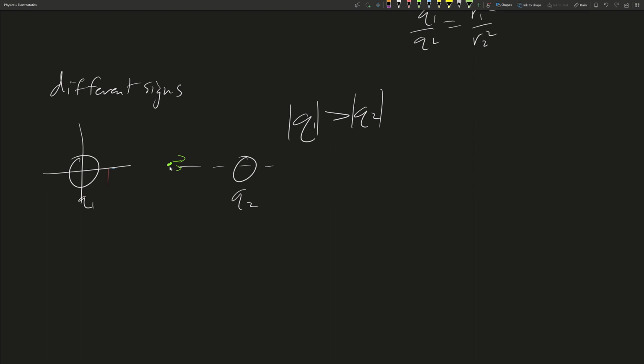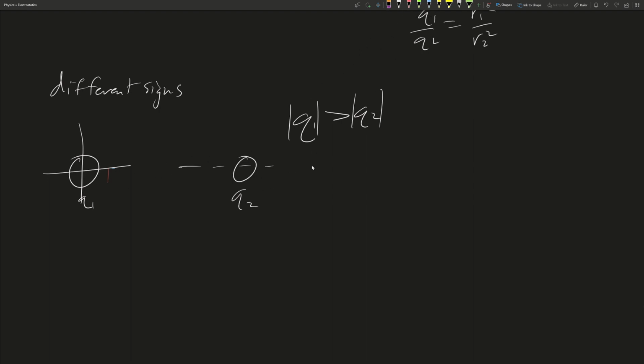That means the net force can never be 0. Let's just say this is positive and this is negative, then this one is going to repel this positive charge, and Q2 is going to attract it. So the net force is in one direction. And if the signs are flipped, then the direction is flipped, but the net force is always in the same direction.